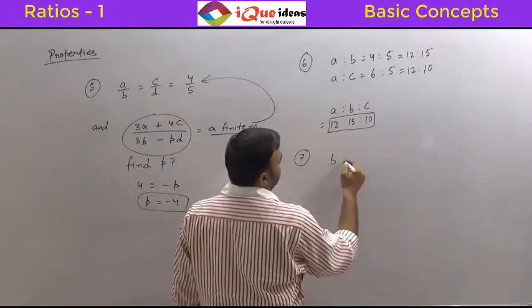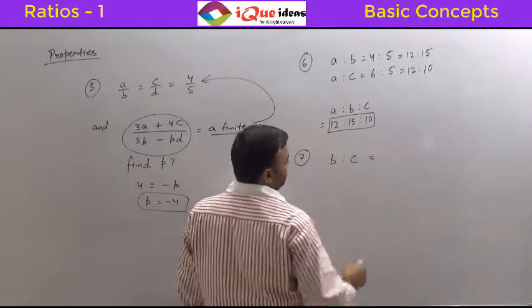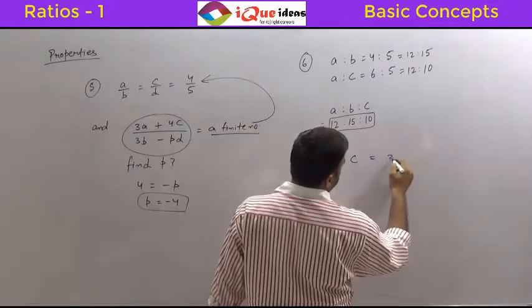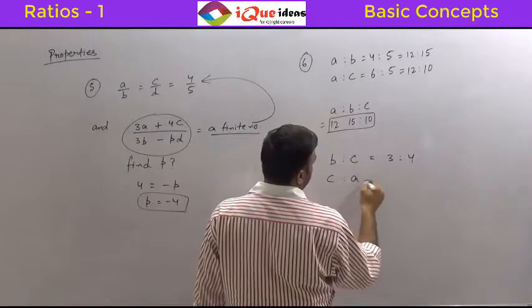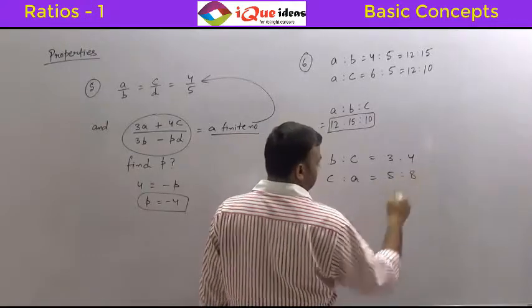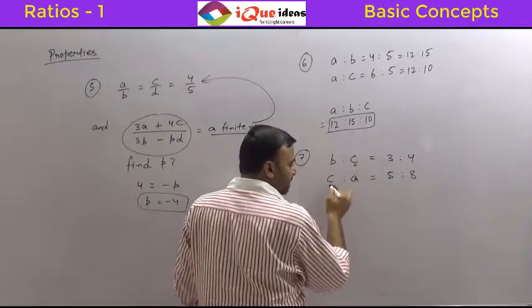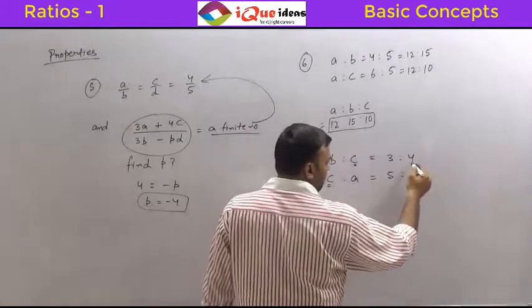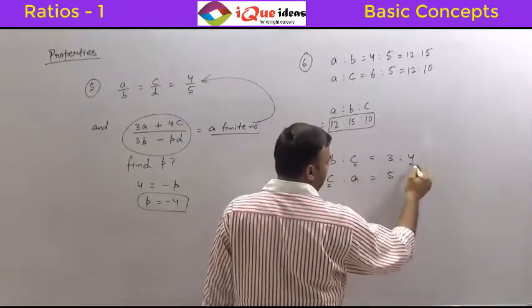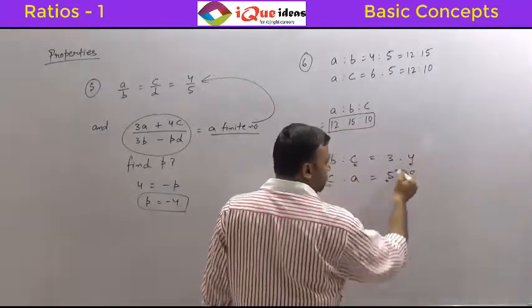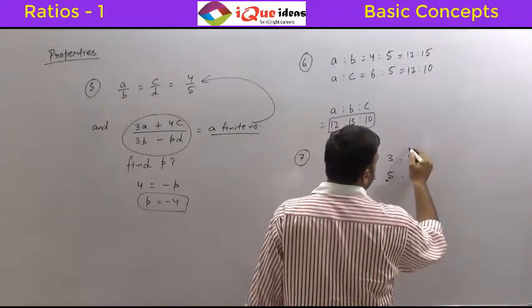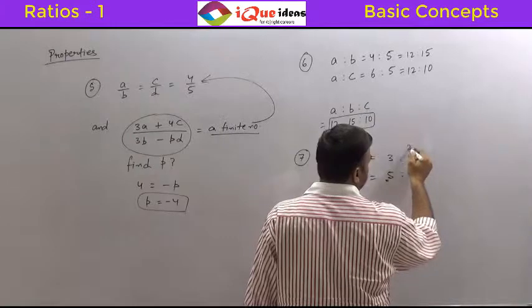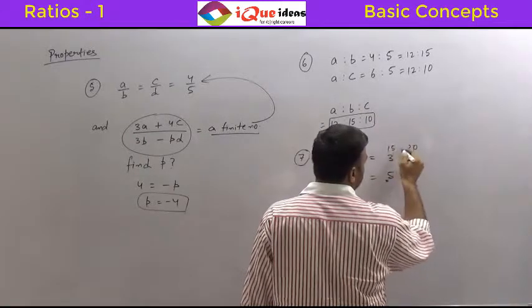If we have B is to C is 3 is to 4 and C is to A is 5 is to 8. So here C is common, and for C the numbers are 4 and 5, so make them equal. Now the LCM of 4 and 5 is 20. So if you want to make this 20, I'll write above this, 4 5s are 20, so 3 5s are 15.